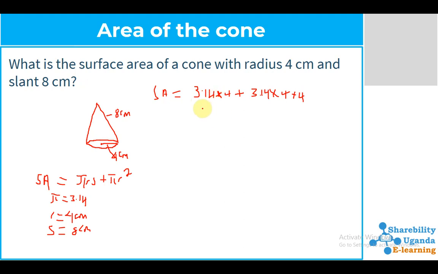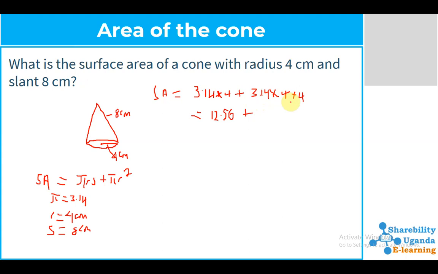So here we have 3.14 times 4, and we get 12.56. Then we add it to 3.14 times 4 times 4.